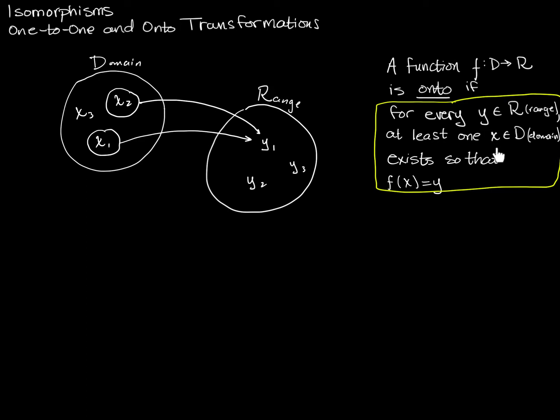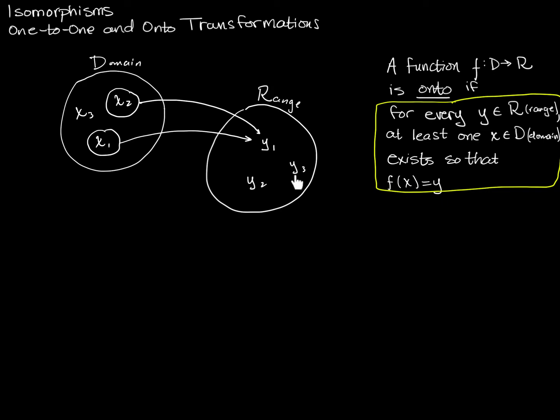I've selected my y, it's going to be y1. Does it have at least one x in the domain so that plugging that x into f gives me y1? Sure, in fact it has two, but it meets the criteria that there's at least one. Okay, now let's pick a different one.